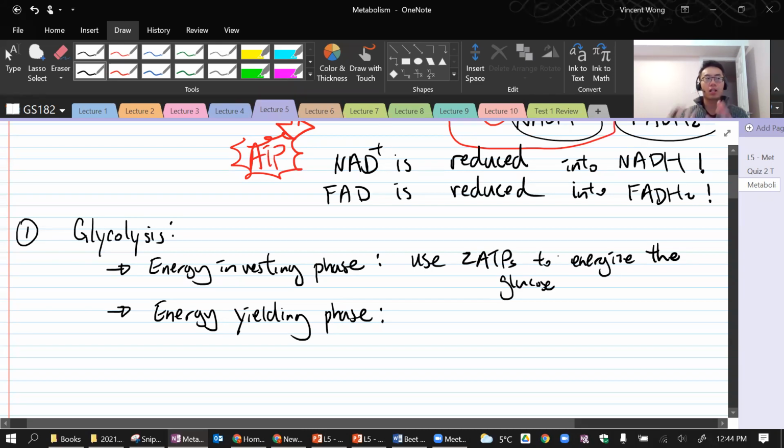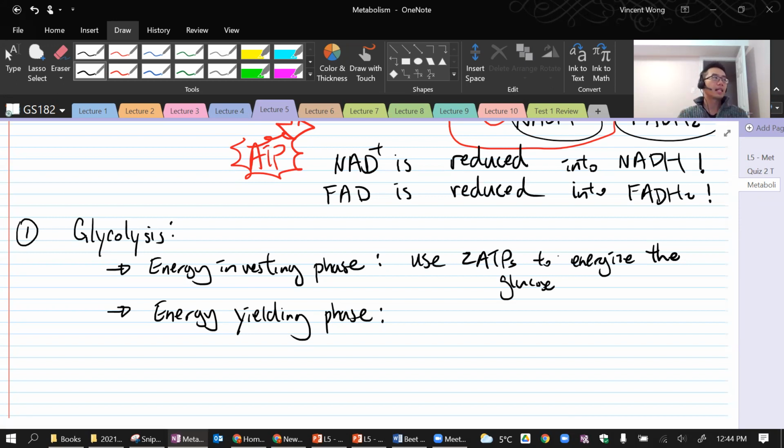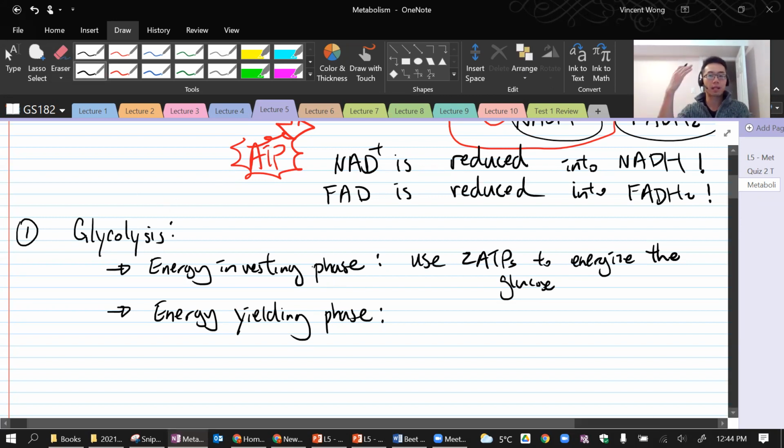You give it a little bit of energy, you boost it, make it unstable so that it is going to react easier. That's called the energy investing phase. It's about 5 steps there. And then after you make the molecules unstable and energized, you are ready to harvest the energy.